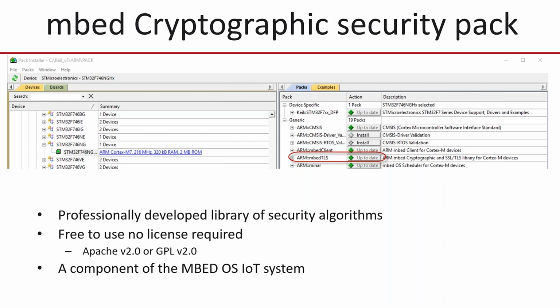This is available as a pack within the Keil pack system, so that it will easily integrate into the MDK ARM toolchain. But you can also download it as source code from the Trusted Firmware website and use it with any other toolchain as well.